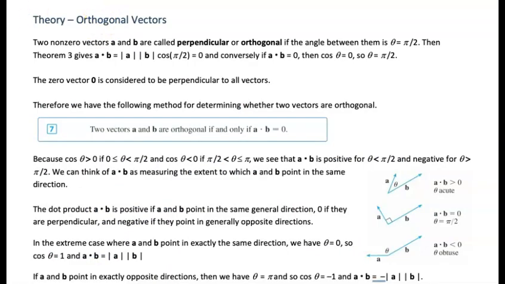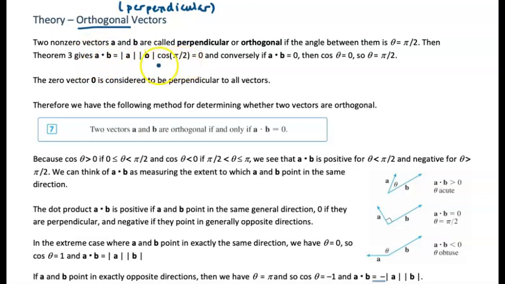So now a little bit about orthogonal vectors, and orthogonal really just means at a right angle. So perpendicular. All right, so perpendicular vectors. Two non-zero vectors are perpendicular if the angle between them is pi over 2 or 90. And that's because we have this formula for the dot product.